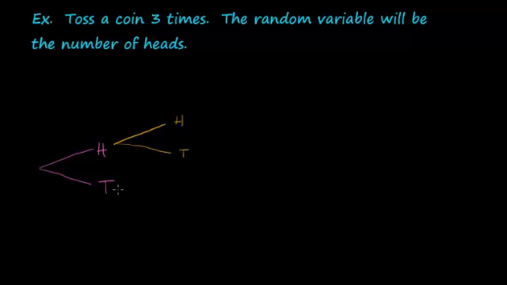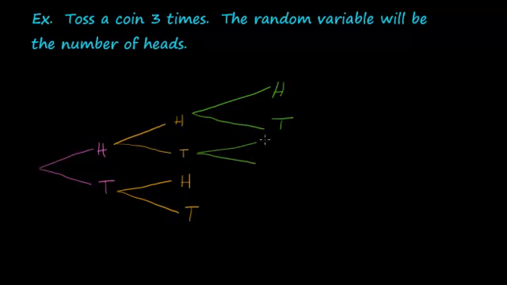Or on the first toss, if we'd gotten tails, our second toss could be heads or tails. Okay, now the third toss. Well, if we tossed heads on the first, heads on the second, we could again get heads on the third, or on that third toss, tails. Likewise here, and here.